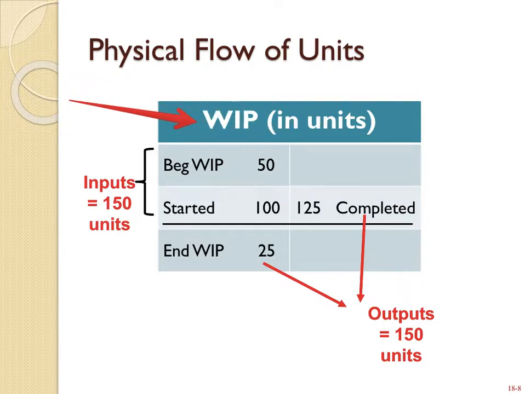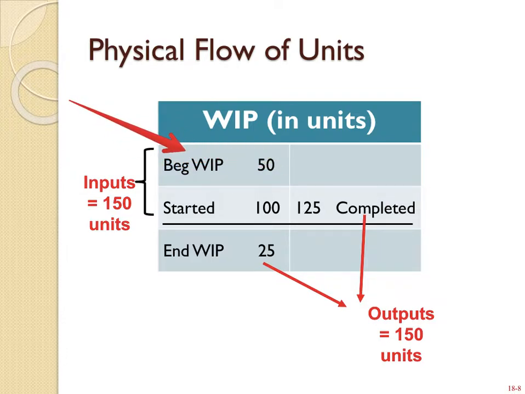Again, the WIP account is set up the same way. It's an inventory account, so things that add to that account will be on the debit side, and things that take away from that account are going to be on the credit side. The things in your work in process account that were input into the production process start with your beginning work in process.